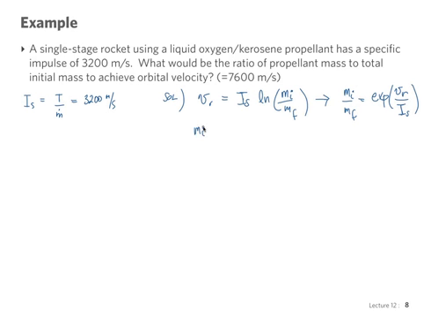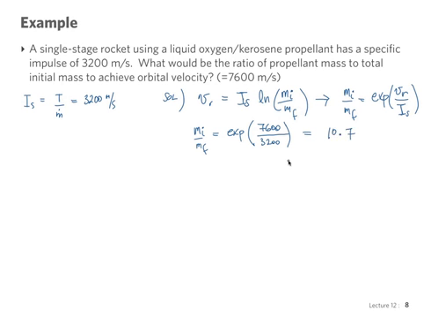The rocket has to reach orbital velocity, right? So we want the velocity of the rocket to be at least 7,600 meters per second, and the specific impulse is given, 3,200. So this is just a number here. We put it in the calculator and we obtain 10.7, which is the number I obtained.